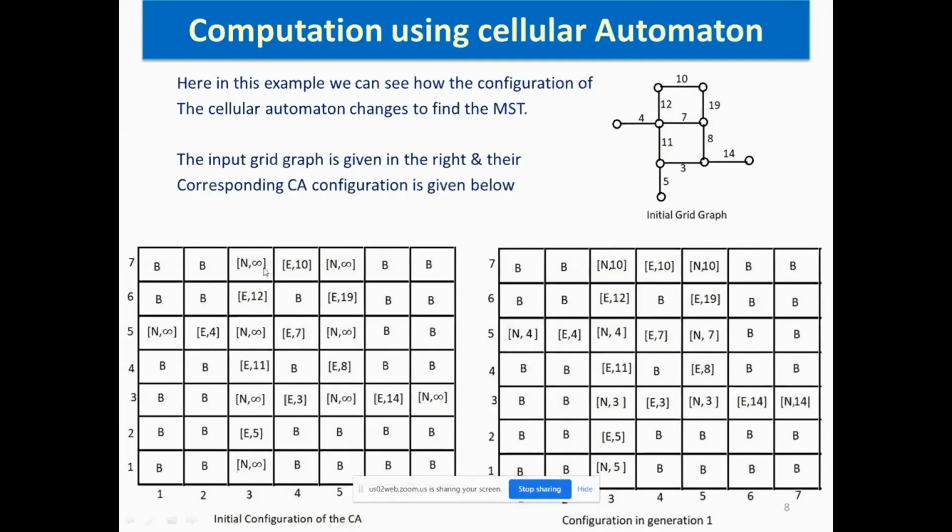So here in the configuration, we are using initially this node as E10 and the other nodes as N nodes. And all other cells of the configuration are represented as V, which is the redundant state. And all these N infinity, these are our initial state.